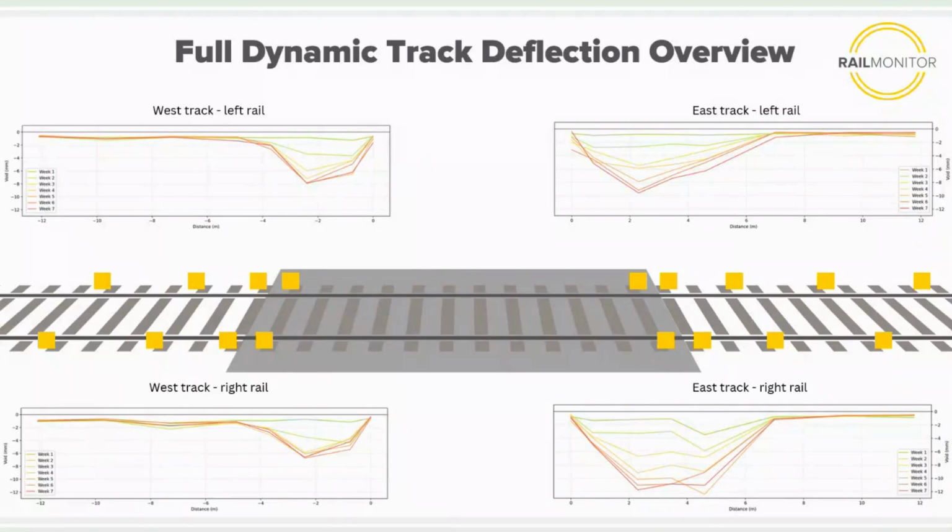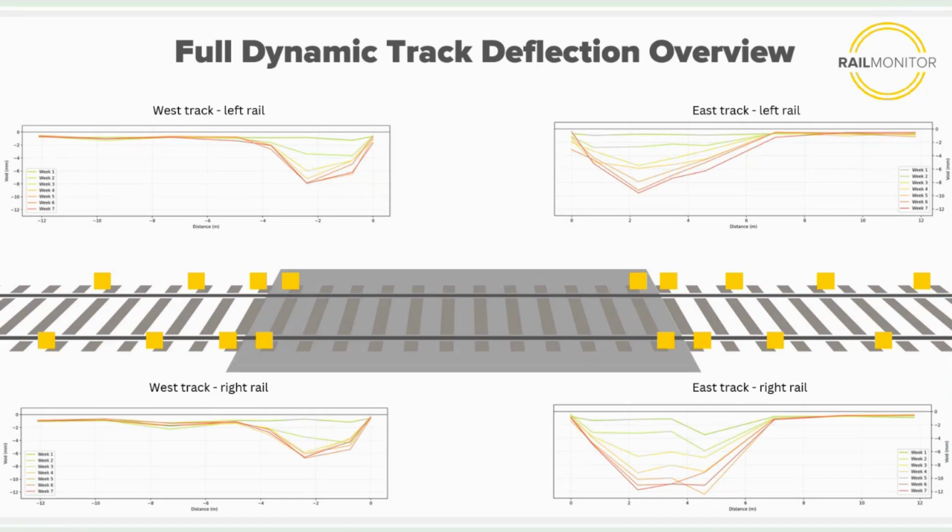But the good thing here is that the voids are equal on each side. So they do not have this imbalanced dynamic track geometry. They have an equal movement of the sleeper, meaning that there's no risk of any derailment.